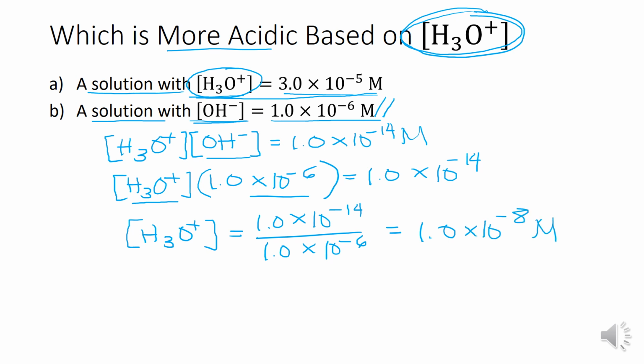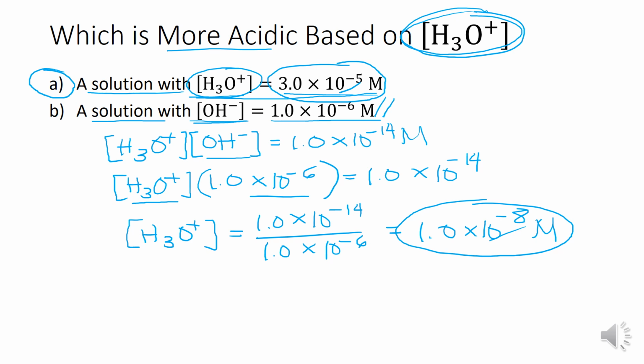Now we can compare this with the hydronium ion concentration for the first solution, which is 3 times 10 to the negative 5. This is 1 times 10 to the negative 8. Since 10 to the negative 5 is greater than 10 to the negative 8, the first solution is more acidic.